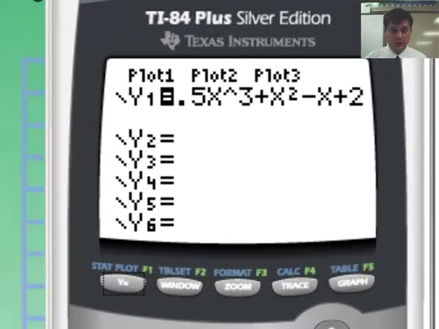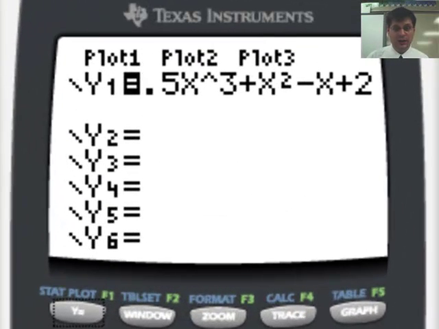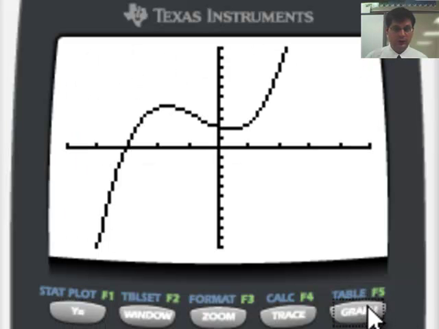So let's take a look at our graph. I've already gone ahead and entered in the equation. And looking at the graph, I can see that we have indeed 2 turning points here and down there. So when I graph this on paper, I'm going to be looking for the x-intercepts, local maximums and minimums, as well as end behavior. So let's start off with the x-intercepts.